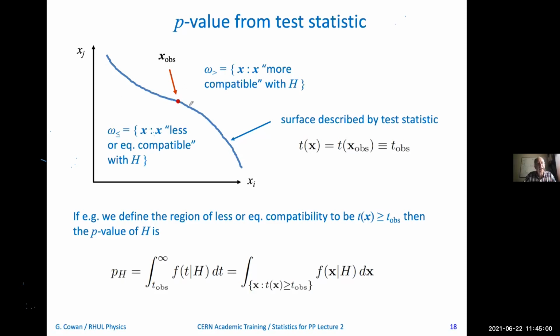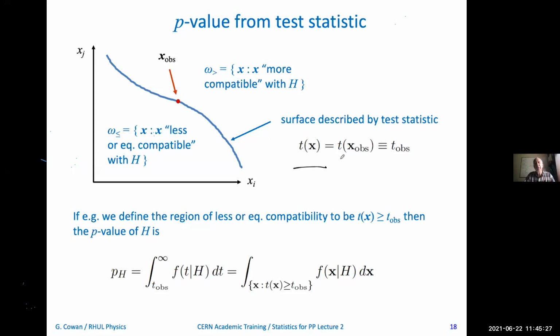Well, a surface in a multidimensional space is described by specifying a scalar function of that vector variable x and setting that equal to some constant. That constant has to be defined such that the observed point is included in the boundary.